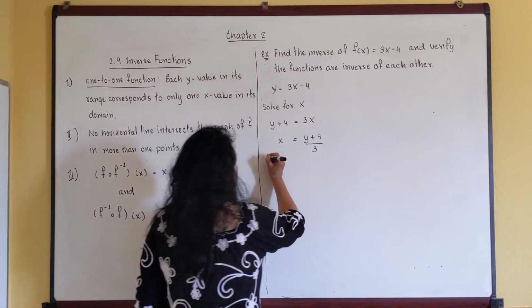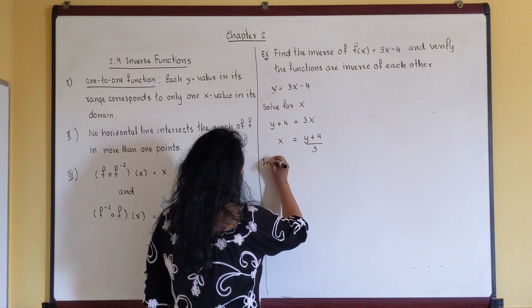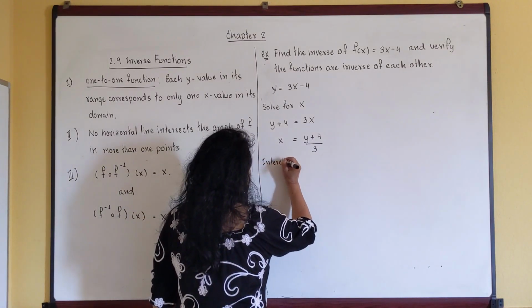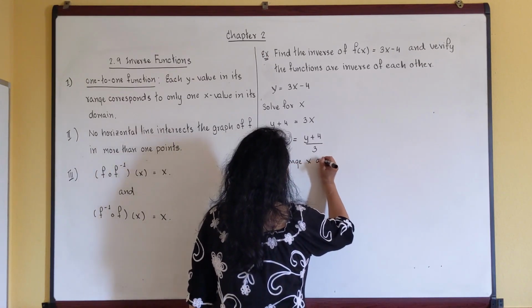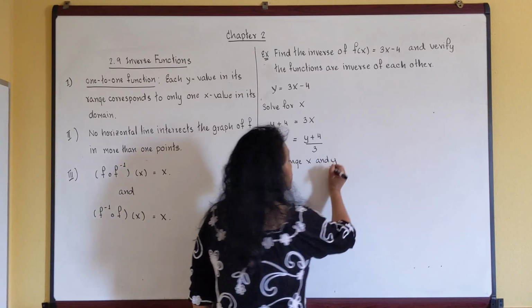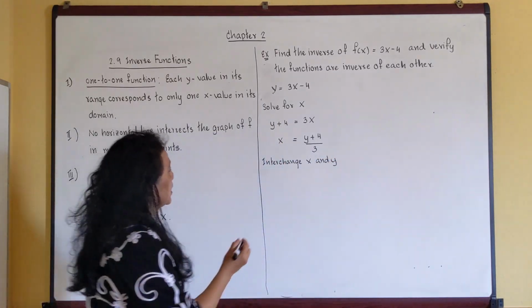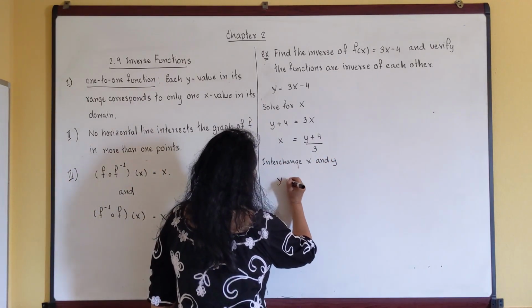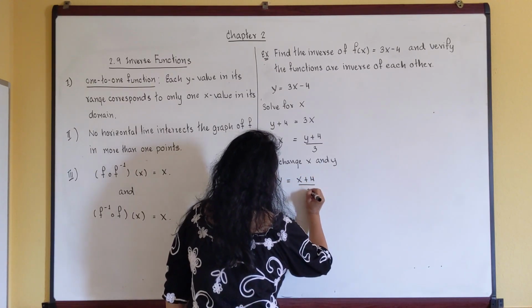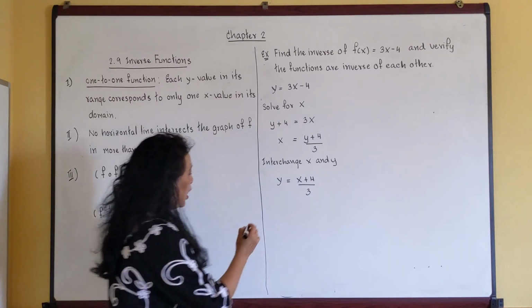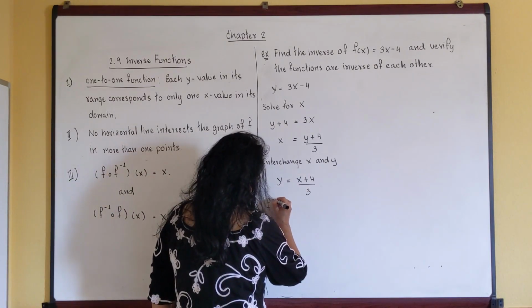So next step I'm going to interchange x and y, which means x becomes y and y becomes x. So I'm going to have y equal to x plus 4 over 3. Then I'm going to replace y by the inverse notation.